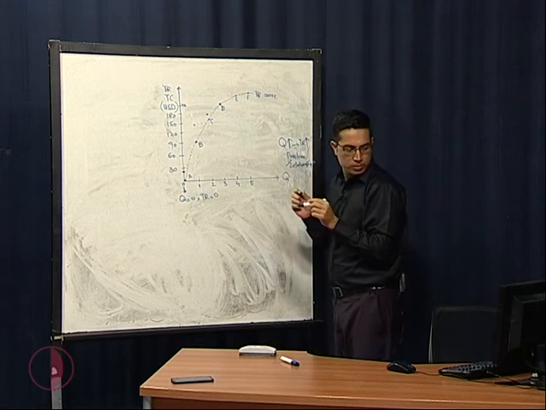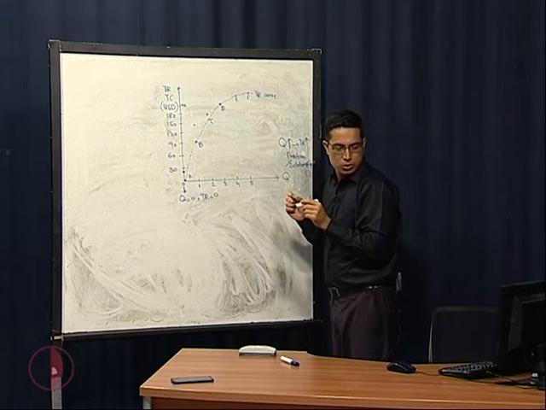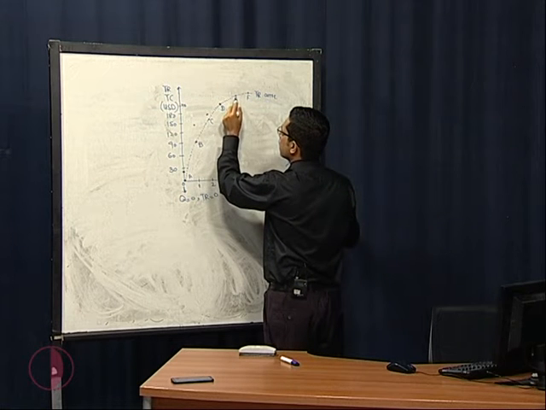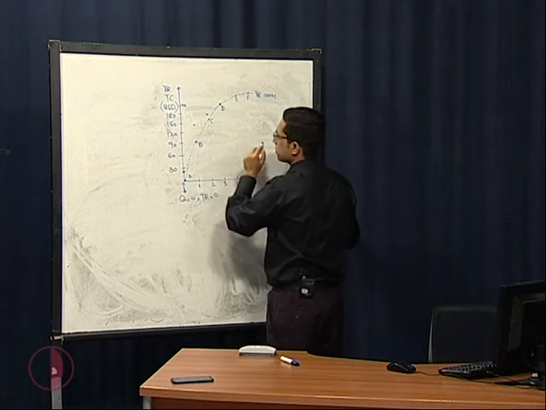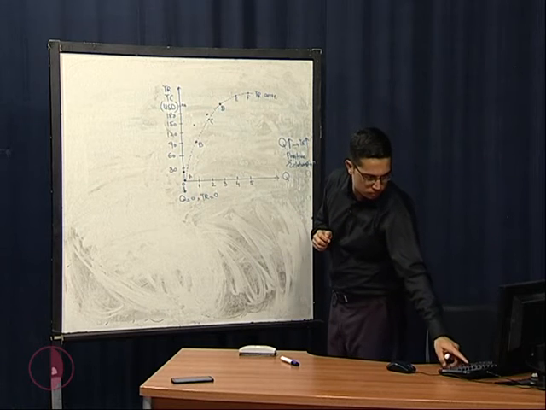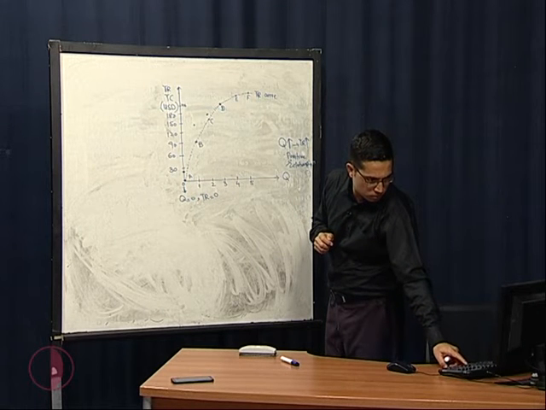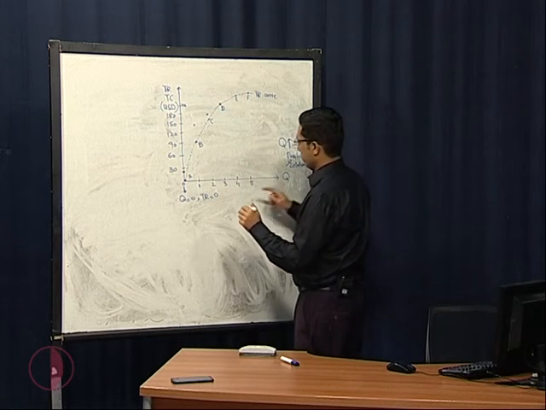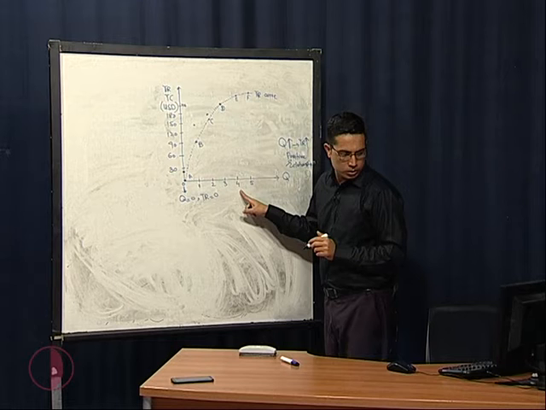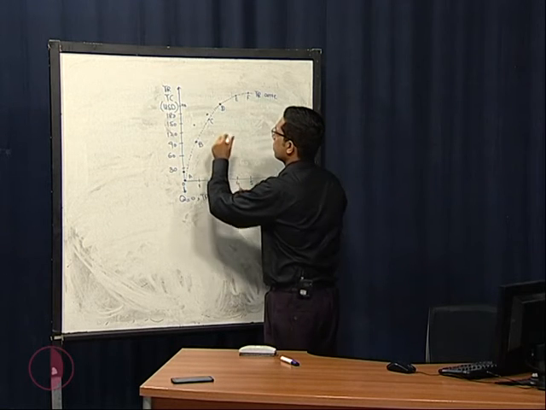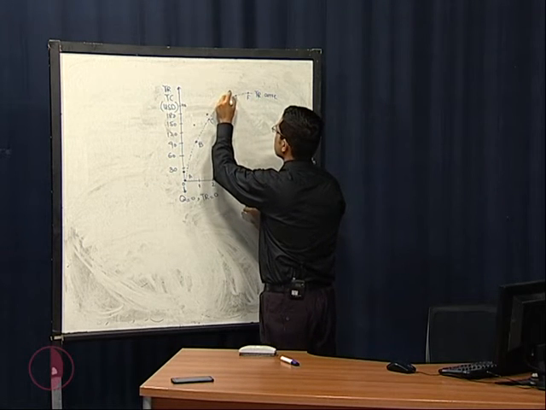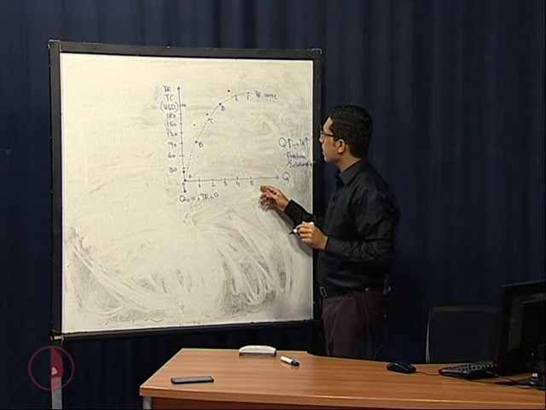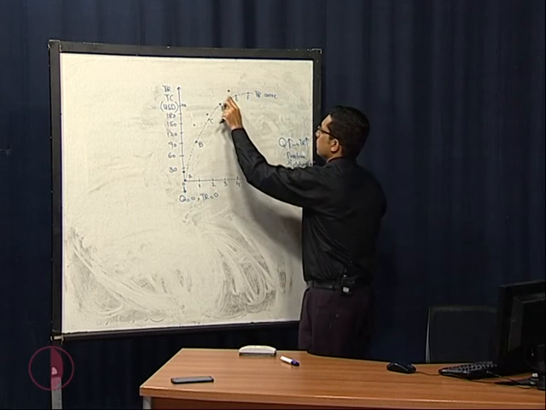When Q was 4, total cost was 240. This is for 240, maybe here.